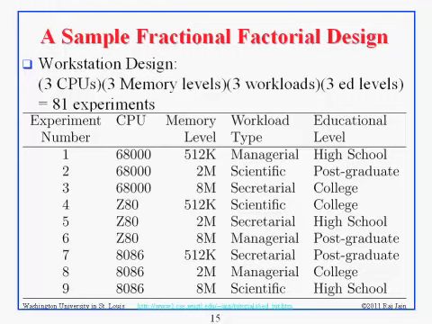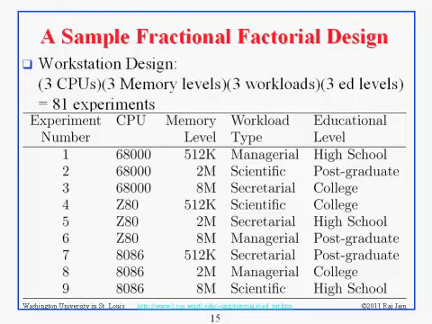So here is a design in which we have listed 9 experiments, and these are the combinations. This is the CPU, this is the memory, this is the workload, this is the educational level. If you carefully look at this combination, you will notice that we have tried every CPU with every level of the other factors.